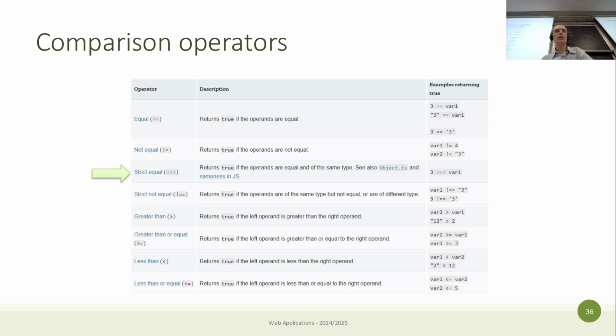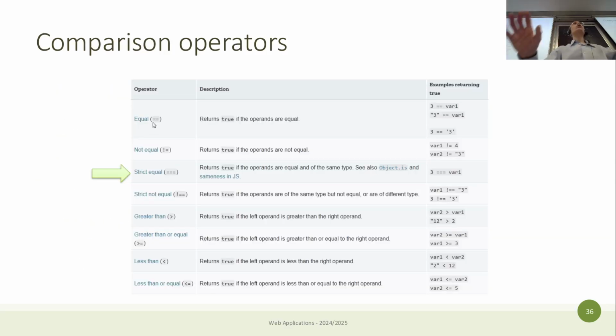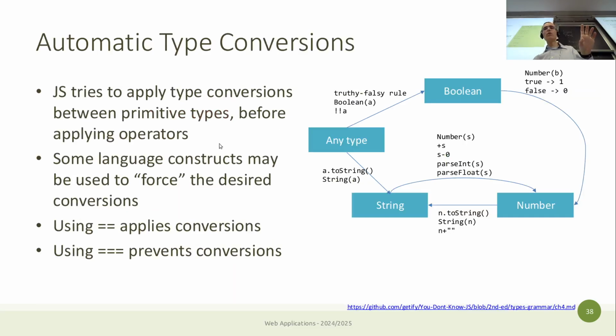So if you have 2 as a string and 2 as a number, the double equal will give you true, the triple equal will give you false. String and number. Otherwise, the double equal converts one into the other, following some rules. The rules are here.